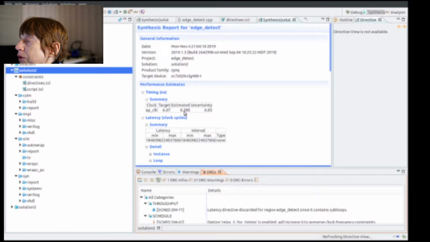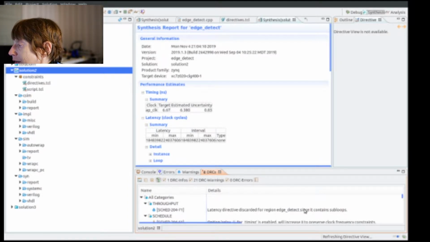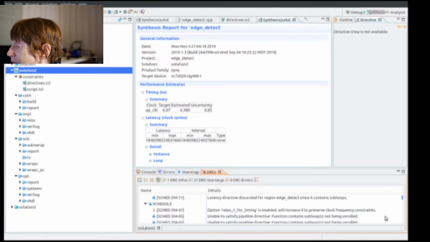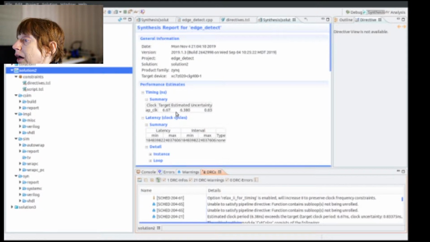Now you can see I got pretty much the same results with adding those additional directives. In fact, it said it discard latency. That's interesting. Unable to satisfy pipeline directive. So even this is not great.